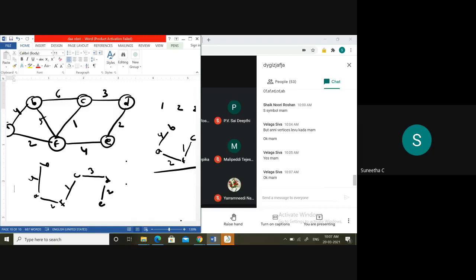If the graph has repeated edge weights, then not unique. But the cost is the same. Suppose more than one MST is possible, all the MSTs give the same cost. Suppose this graph gives two MSTs, two minimum cost spanning trees, then those two MSTs will have the same cost. Even if more than one MST is possible, all the MSTs give the same cost. If different edges have the same cost, then it may result in more than one spanning tree.